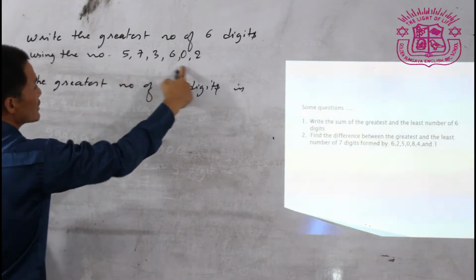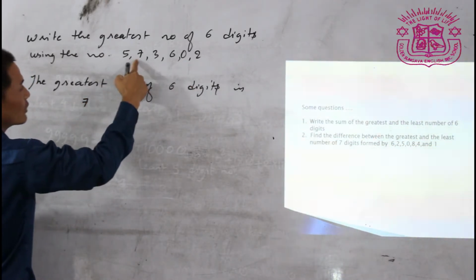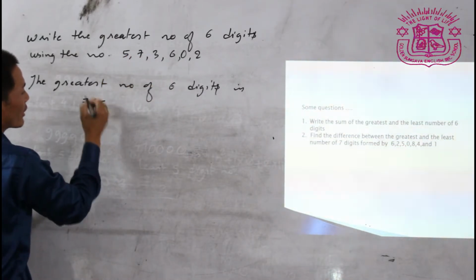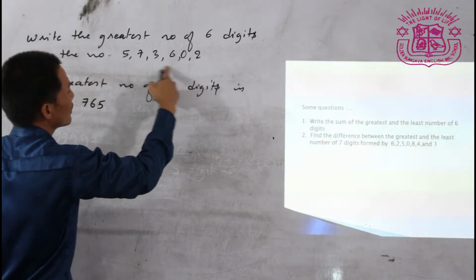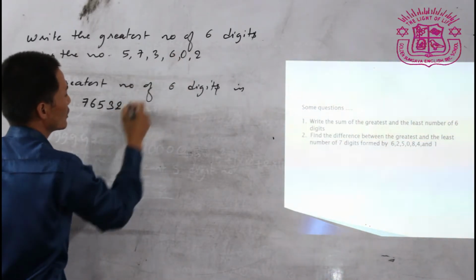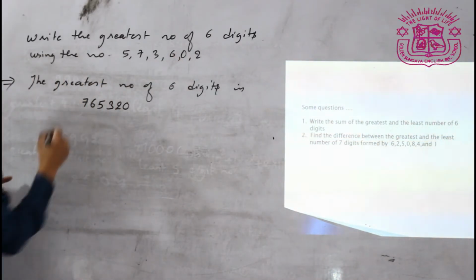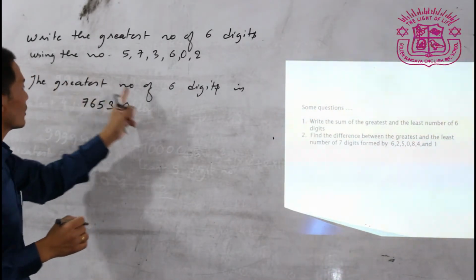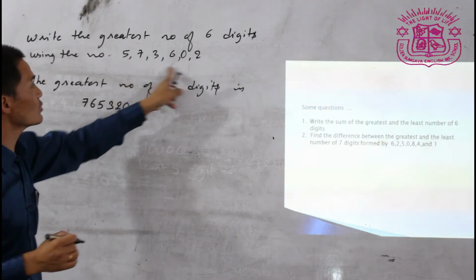So which one is the greatest? 7. Then after 6. Then after 5. Then after 3. Then after 2. Then after 0. So 7, 6, 5, 3, 2, 0 is the greatest number of 6 digits, arranging this one.